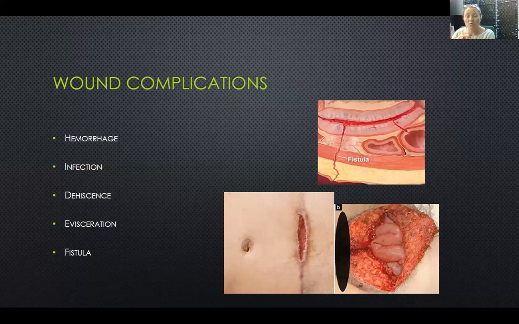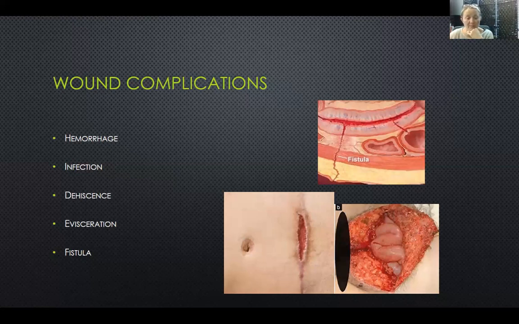If there was some sort of a bowel surgery, anytime you're talking about intestines or GI stuff, you're going to look at high risk for infections. If you've got a wound that is on your lower back, you've got a patient that's incontinent of stool, that's going to be a big risk. Open wounds. The more open, the more opportunity for bacteria to get in there where they don't belong.